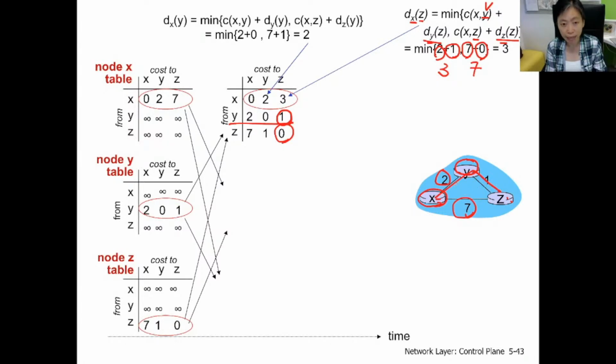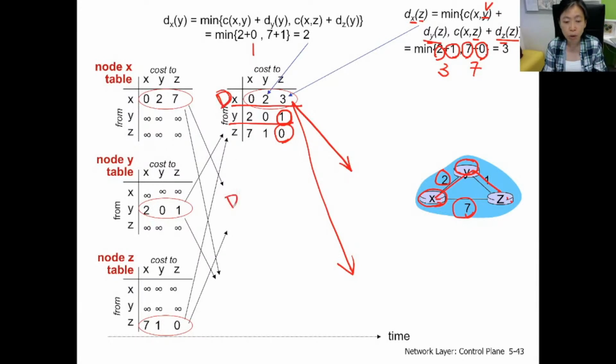And we can add 3 back to the distance vector of x. And what do we do next? Now x has acquired the new distance vector. It's going to send it to all the neighbors. So this is the first cycle, calculating the dx from x's point of view.